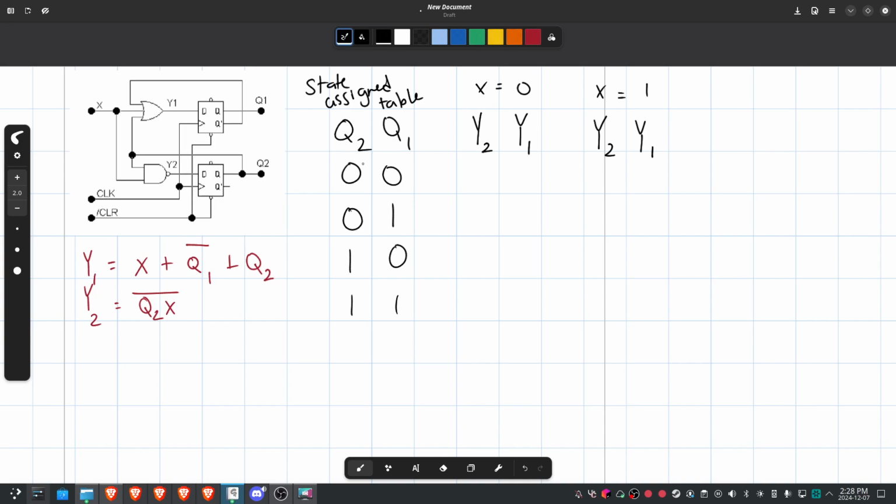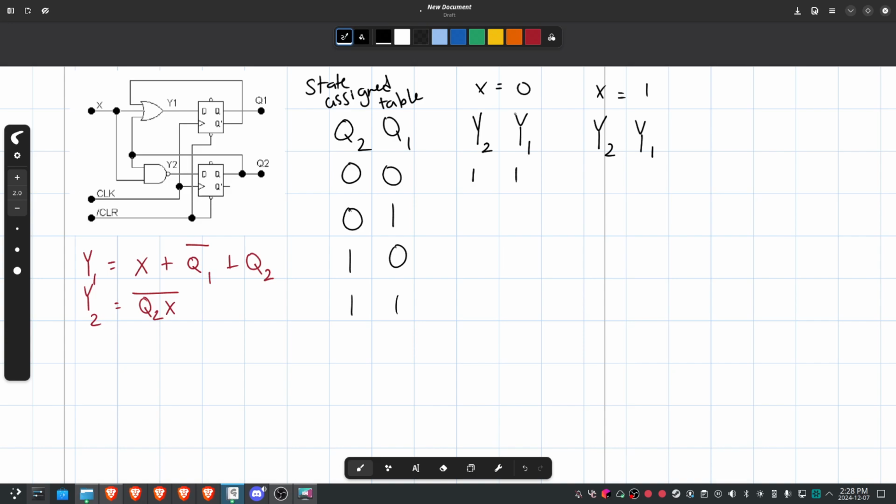So Q2 is 0, Q1 is 0, and X is 0. What is going to be Y1? It's going to be 1, right? Because 0 plus 1 plus 0. What about Y2? Q2 times X, both of these are 0, so it's going to be 0, knotted 1.